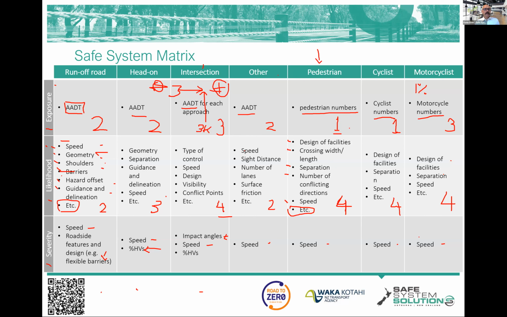Pedestrians, we're really just pretty much stuck with speed. You could possibly, on some occasions, talk about the population of pedestrians you've got. If you were outside a retirement village or in a retirement village, then your severity of pedestrian strikes might go up significantly, because even at some very low speeds, we're going to see some very serious injuries and deaths because of the frailty of that population.